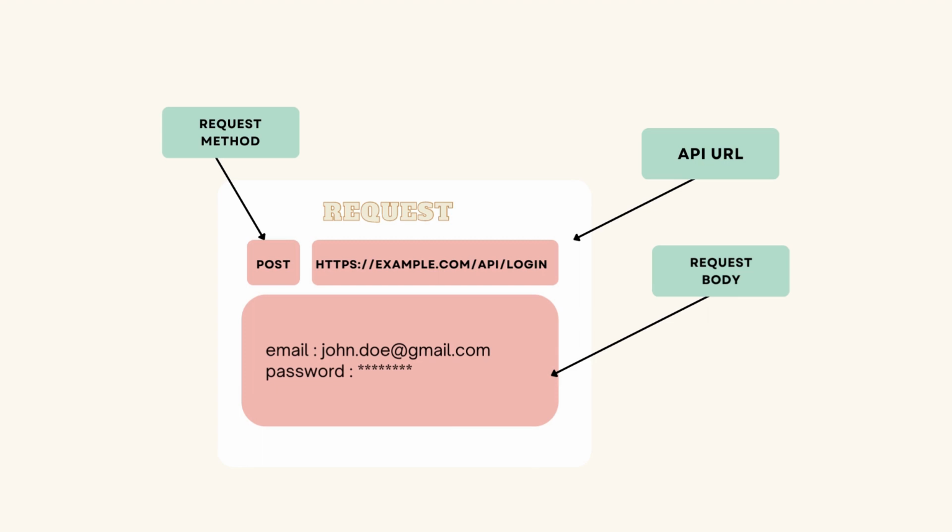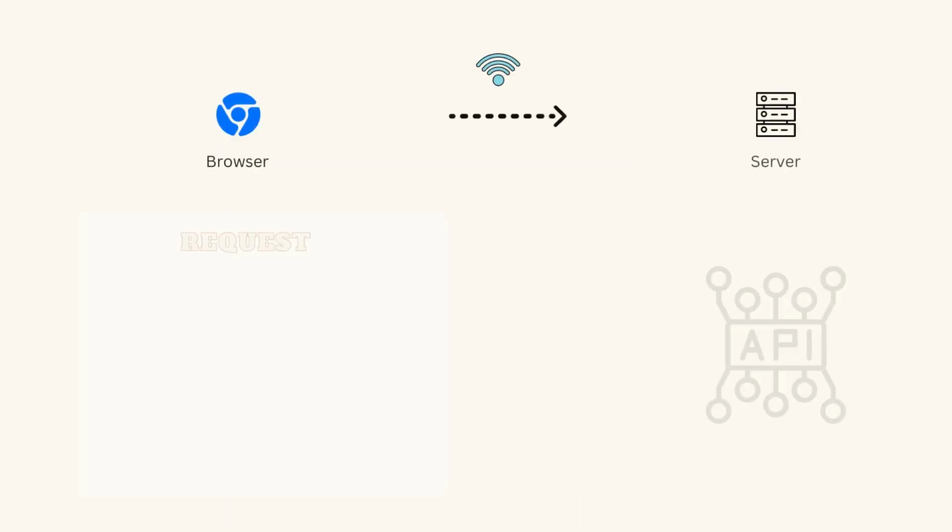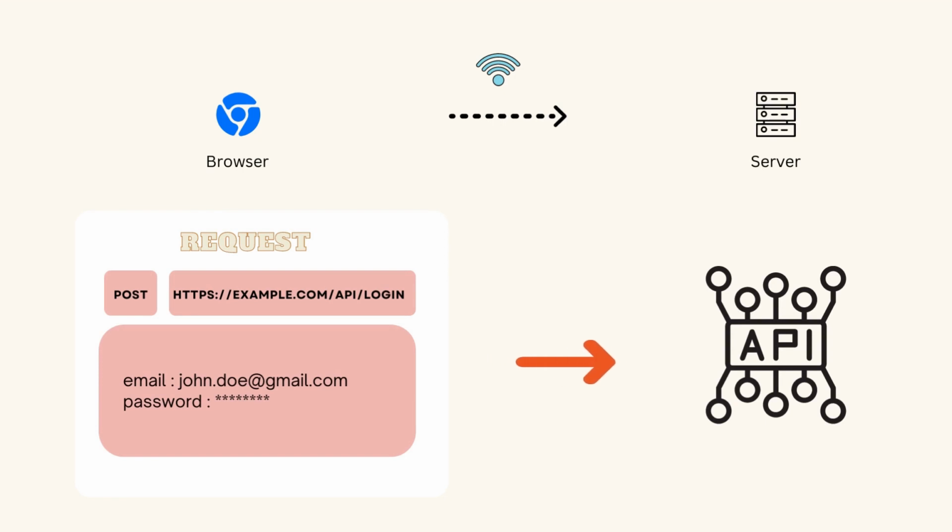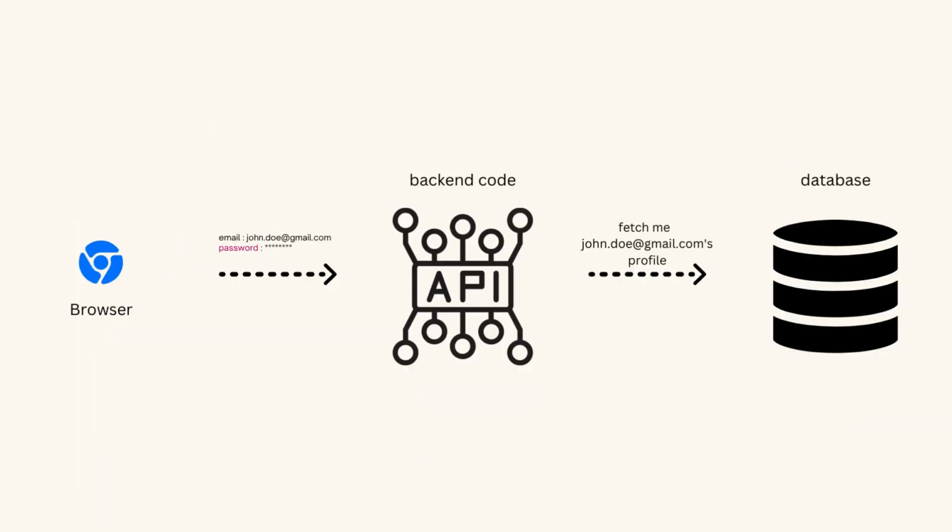login for this user. Once the web browser sends this request, it will wait till it gets a response from the server to see if they can give you the access or not. So within the servers, what happens is that it will try to see if Jean Doe exists within its database, and then will try to verify the password. Within the backend code, there will be a request to the database to fetch Jean Doe's profile.